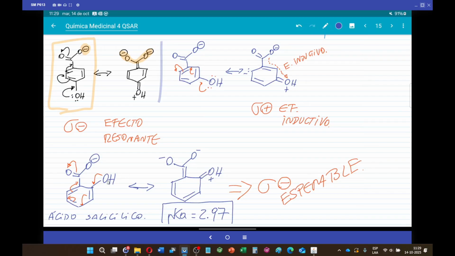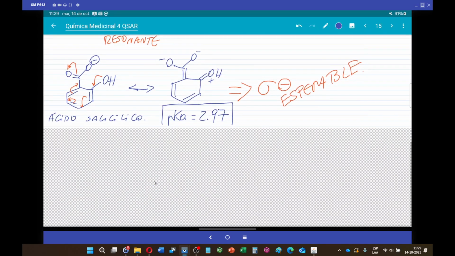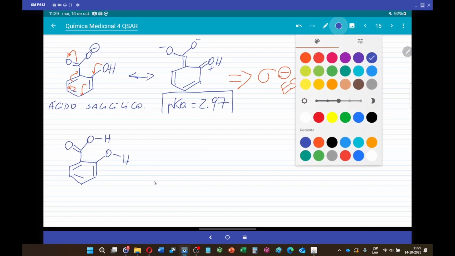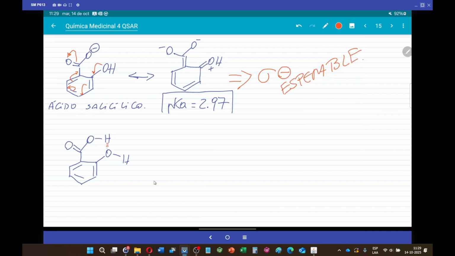Yes, but as it is in an ortho position, it has a certain steric effect, a certain spatial interaction called intramolecular chelation. That is, when something is in an ortho position, the values are altered by situations like this.